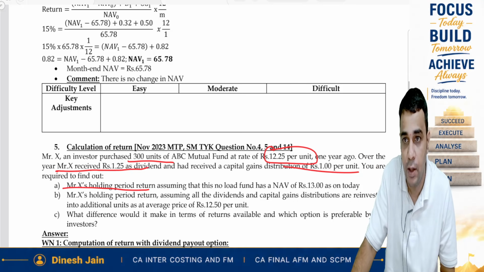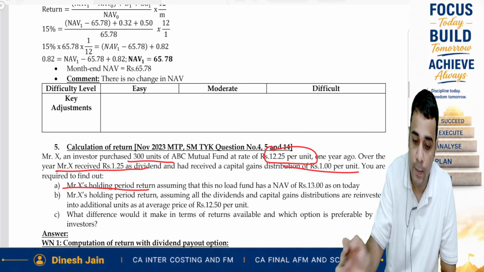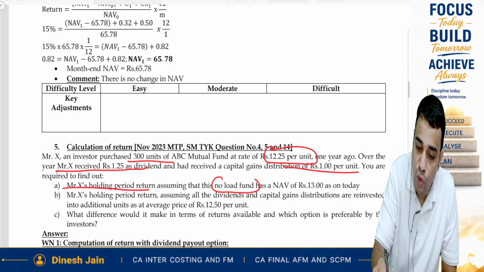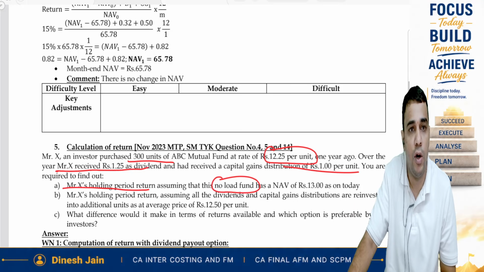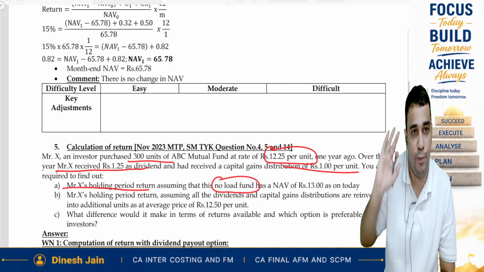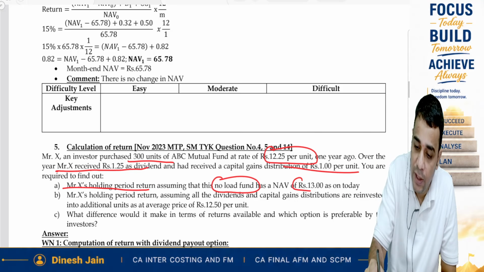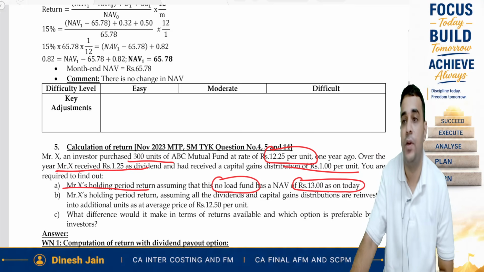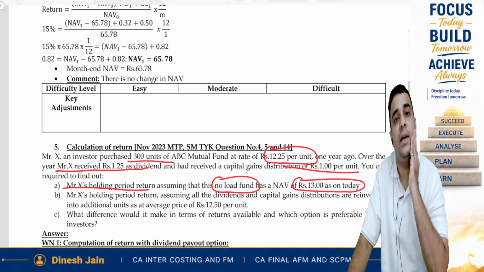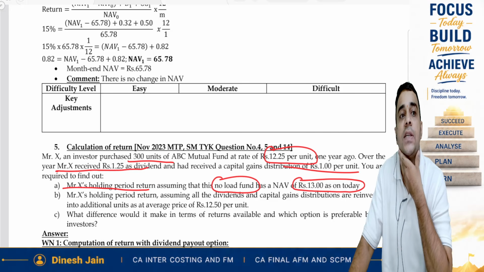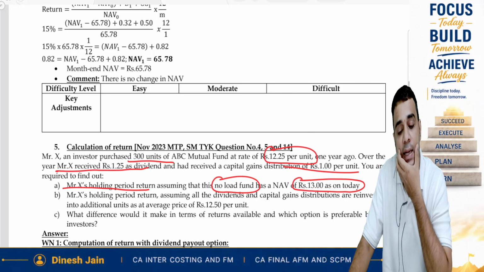We invested 1 year ago, assuming this no load fund. What is a no load fund? You will understand in the chapter as we proceed; that is concept 9 or 10. It has an NAV of 13 as on today. 12.25 and 13: which is NAV 1? Which is NAV 0 here? NAV 1 is 13. NAV 0 is 12.25.